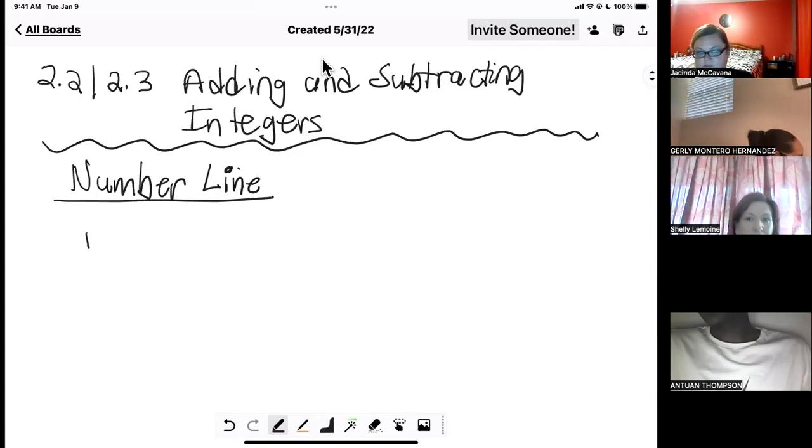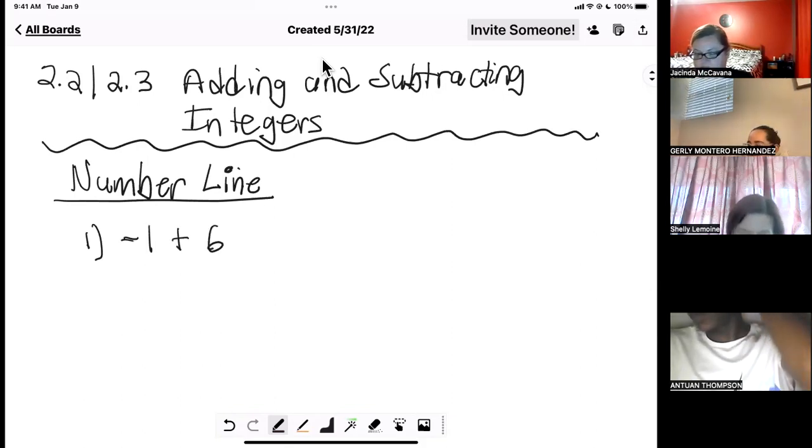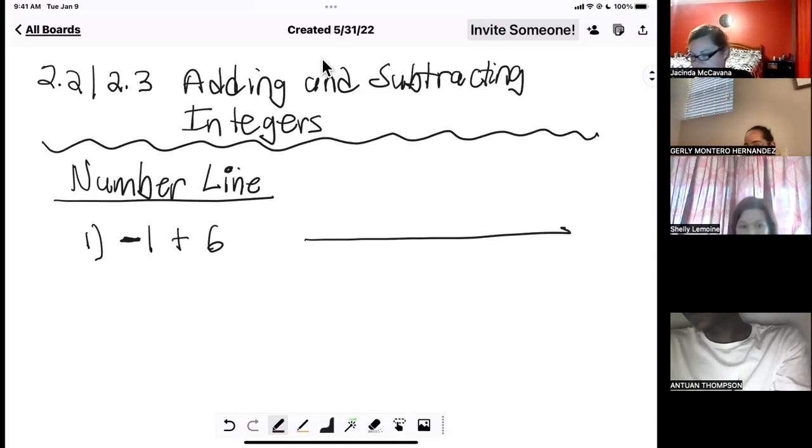So let's say I want to know what negative 1 plus 6 is. I'm going to start my number line.